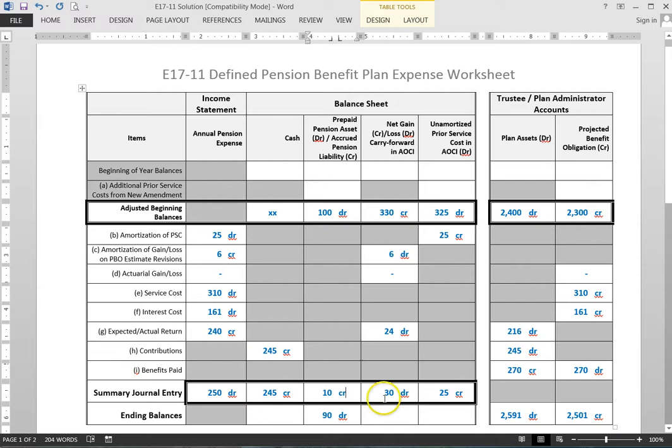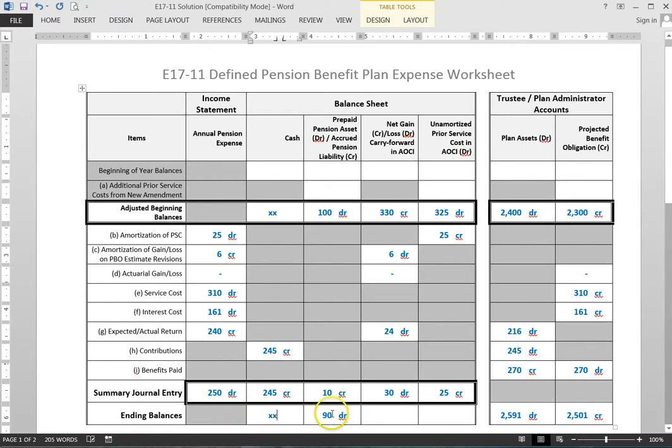And then I can check across the row to make sure that debits and credits are equal to each other. I've got $250 debit here, a $30,000 debit here. That's a total of $280. And then $245 plus 10 plus 25 is also $280. So my debits and credits balance.